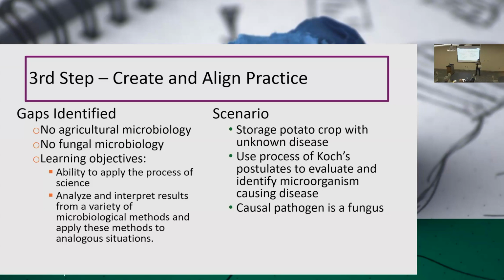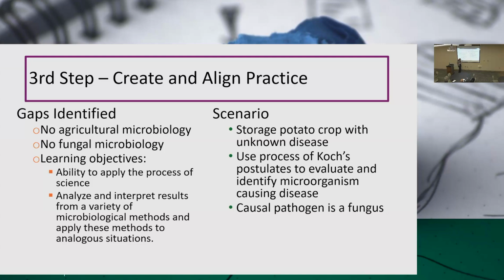When you don't know what's causing a disease, you have to look at that disease state, isolate it, reinfect a healthy thing, isolate it again, and have it look the same as the first one. You can't do Koch's postulates in humans, but you can in potatoes, and so we wanted to show that process of science. In this case, our causal organism was a fungus.